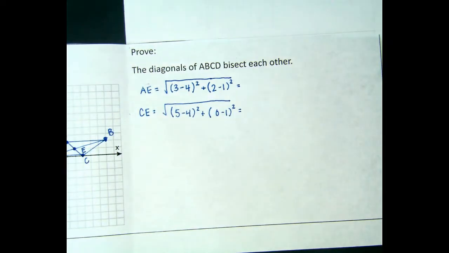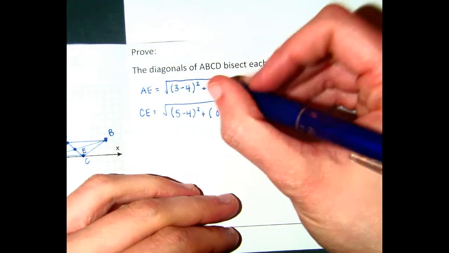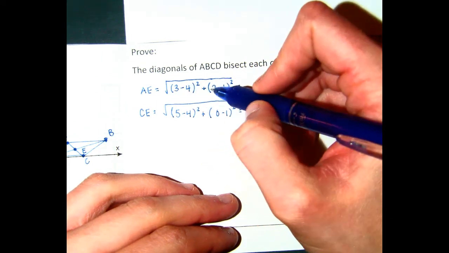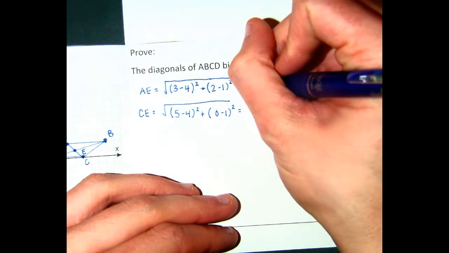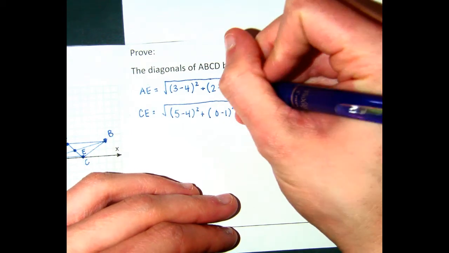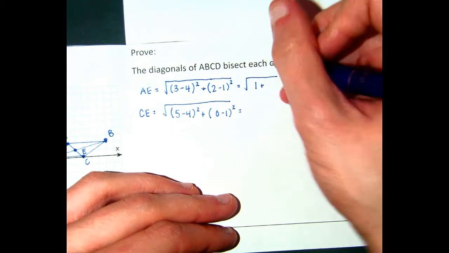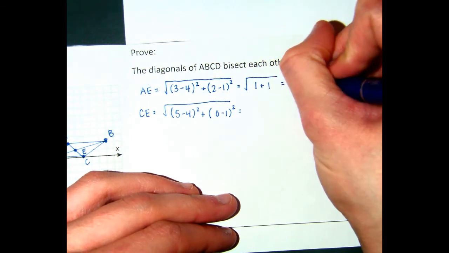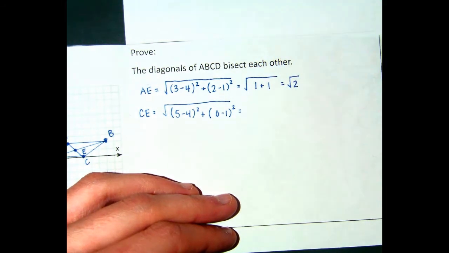And we're going to go ahead and keep this in radical form. 3 minus 1 is negative 1. Negative 1 squared is 1, plus 2 minus 1 is 1, and that squared is 1. So AE is the square root of 2.